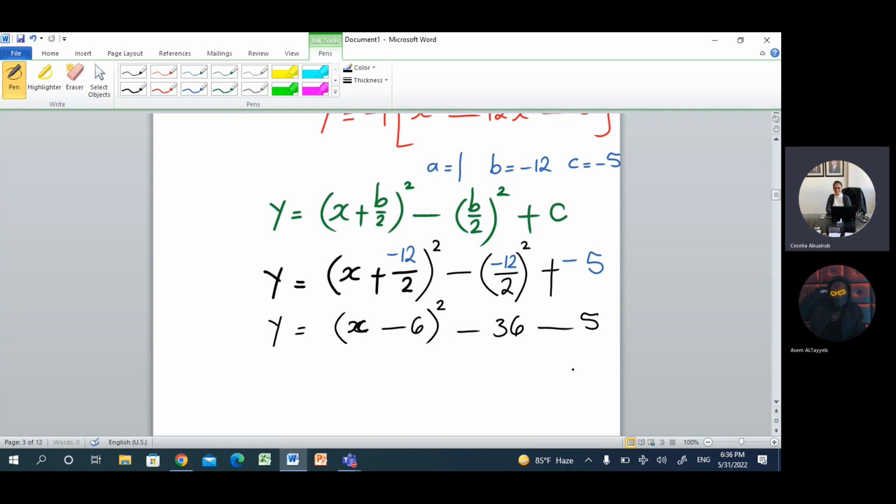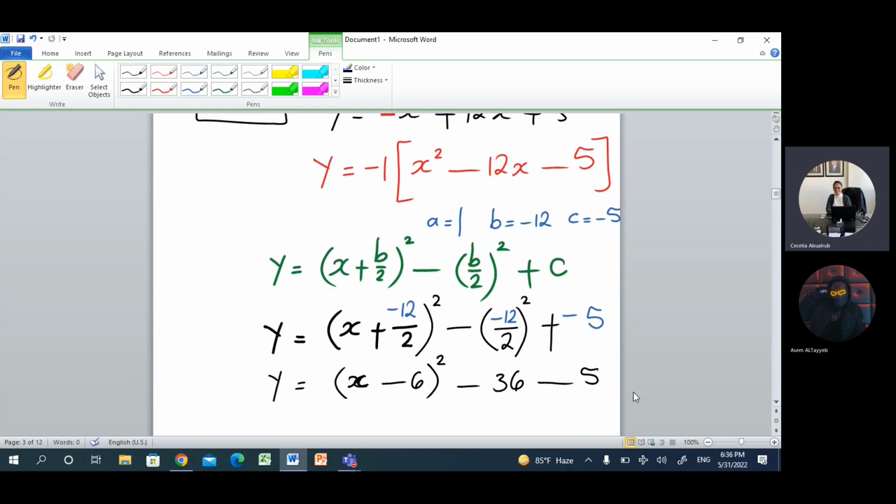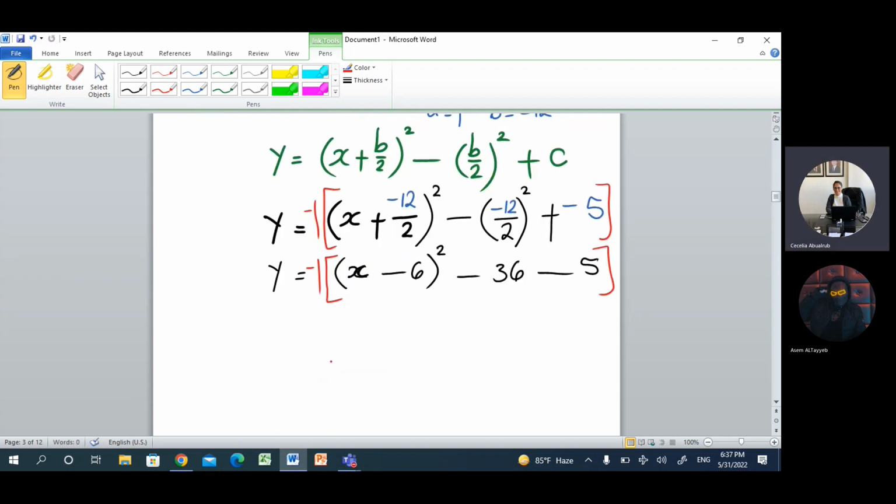Let's simplify further. Oh, I forgot one thing here. Let's not forget that we must place all this in the squarish bracket, and the minus 1 is here, and here is the squarish bracket again, and minus 1 is here. And then y is equal to minus 1, the squarish bracket.